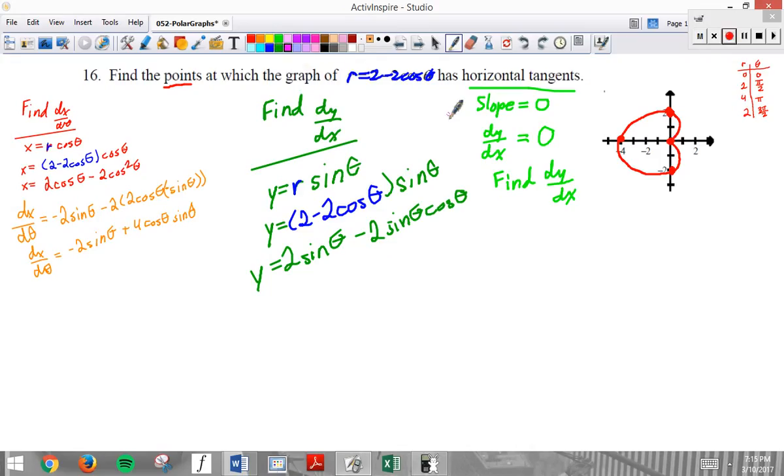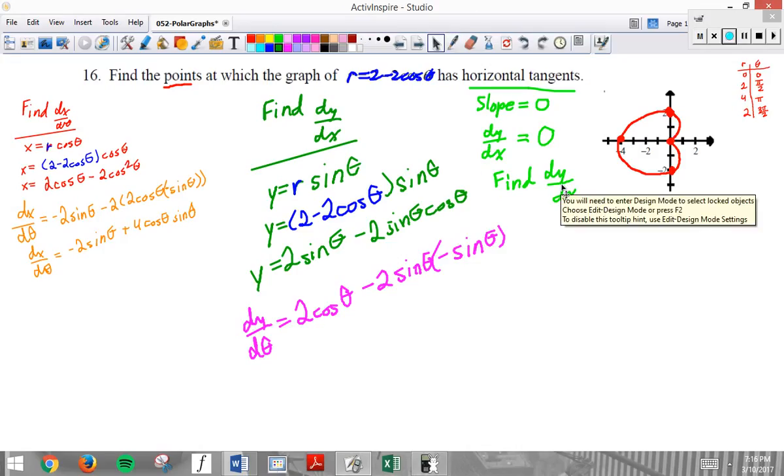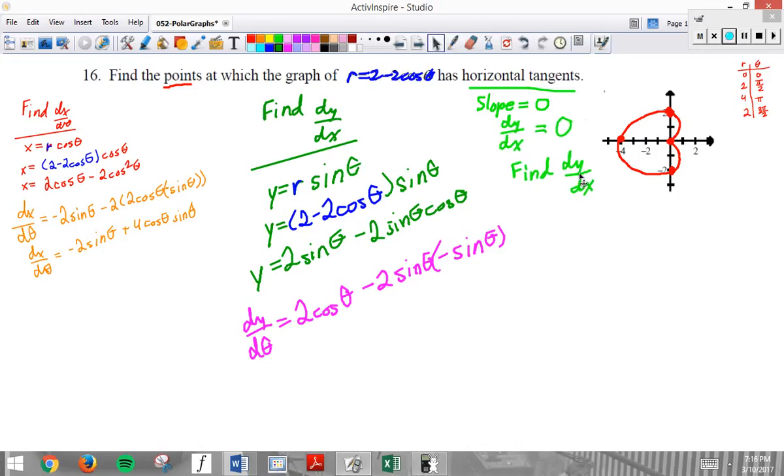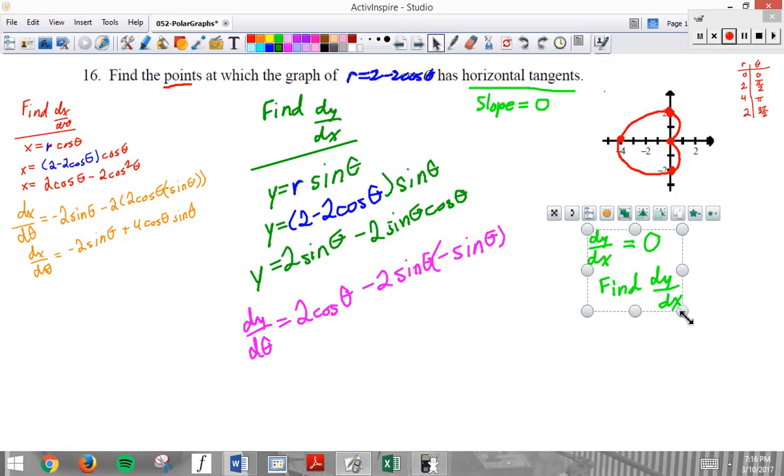Let's use pink. dy d theta: 2 cosine theta minus first, minus 2 sine theta times the derivative of the second, negative sine theta.